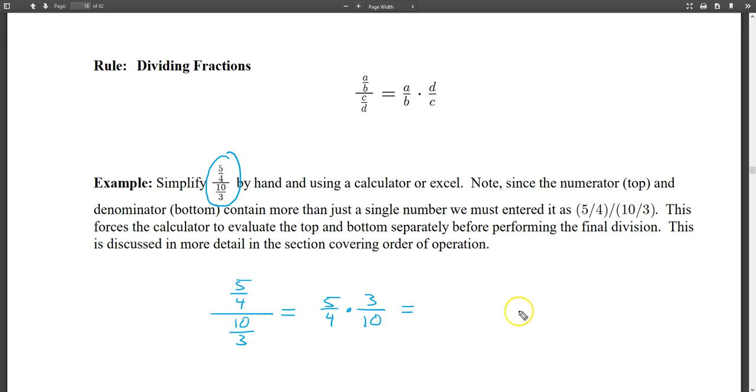Now we just have to multiply straight across. If you notice, the 5 and the 10 do have a common factor, so we can cancel them. The 10 has a 5 in it, so we can cancel the 5, and that leaves us with a 2 here. And canceling the 5 up here leaves us with a 1. And now we can just multiply straight across. So this is going to be 1 times 3 over 4 times 2, or 3/8. There we go. And that's our answer, 3/8.